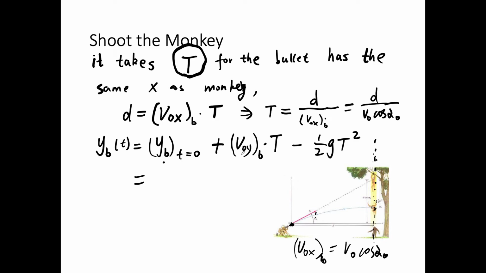Okay, what is the initial velocity of the bullet in the y direction? We also know it from trigonometry, right? It's v0 sine alpha 0, times the t already solved.